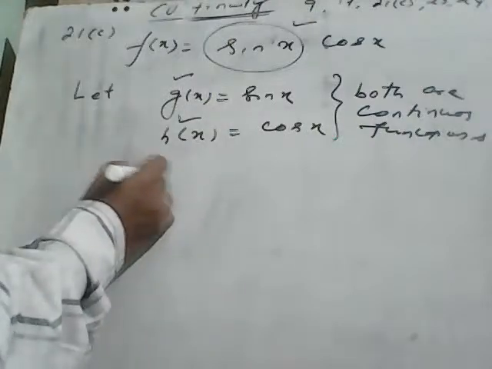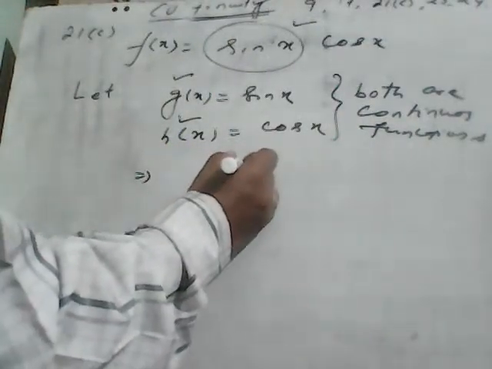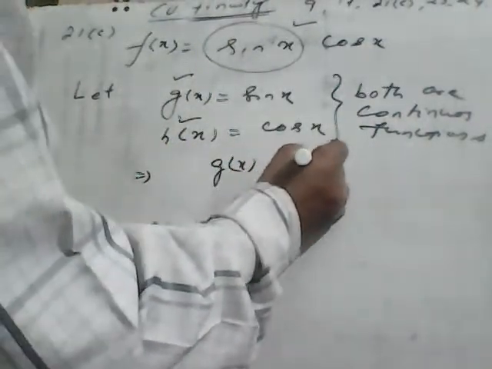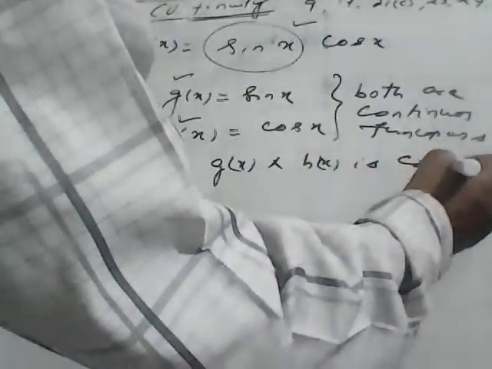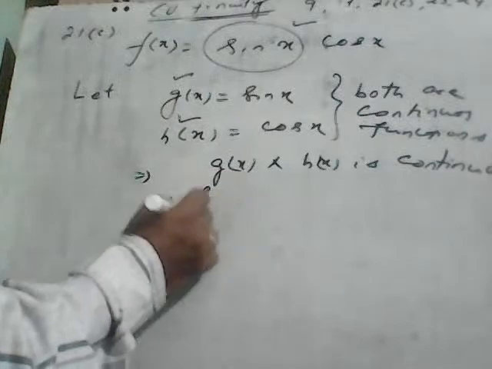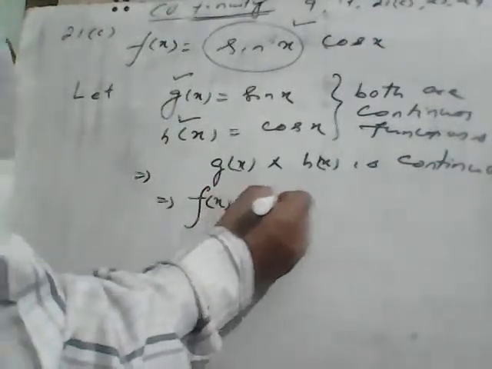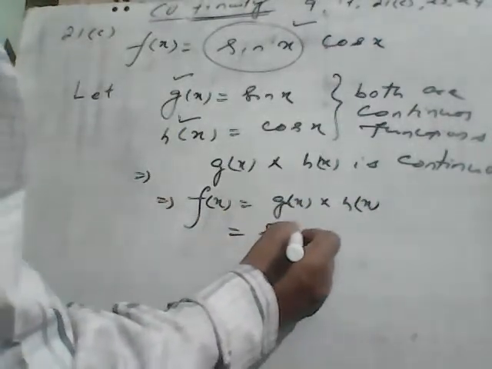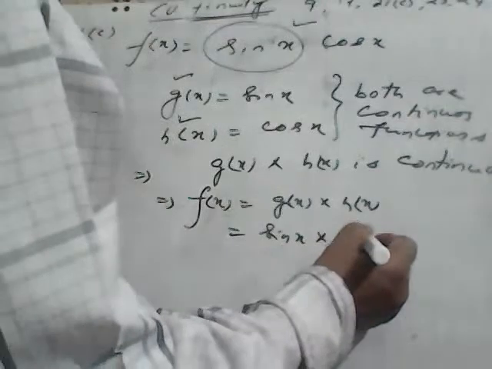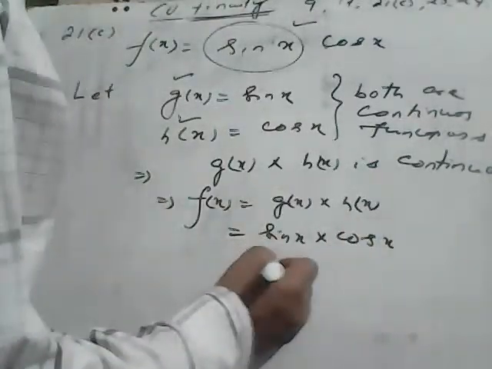Now, if both are continuous functions, then that implies g(x) into h(x) is continuous. That implies f(x) equal to g(x) into h(x), that is sin x into cos x, is continuous.